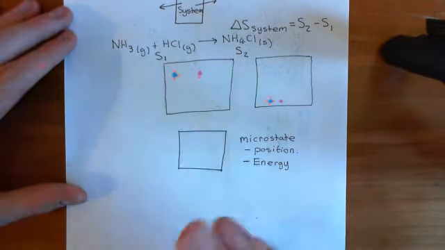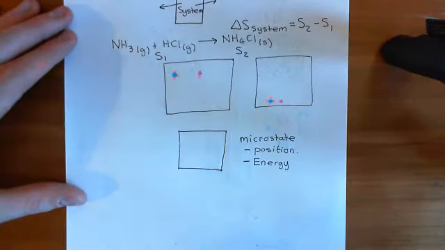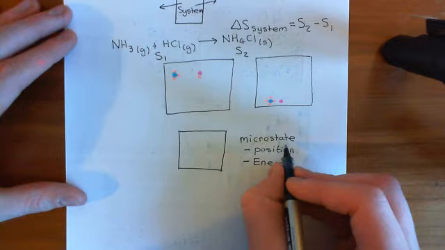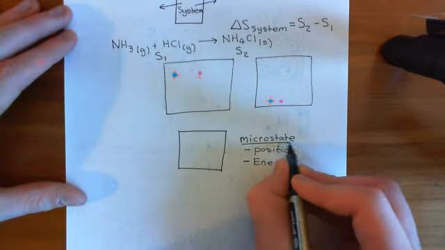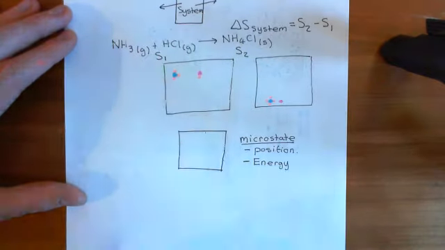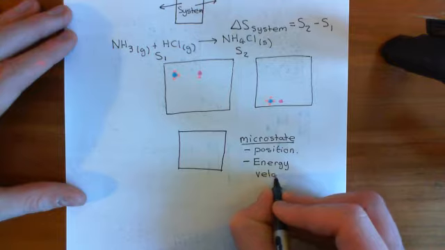Okay, so remember, all science is just models. This is a model. It may not be the best model that we currently have, but it is a model. Okay, so to specify a microstate, you need to tell me the position of every single particle in this system, and you also need to tell me the energy and the direction of motion.